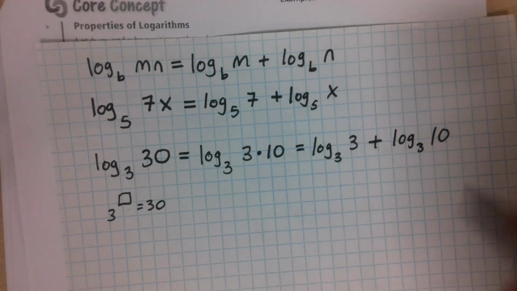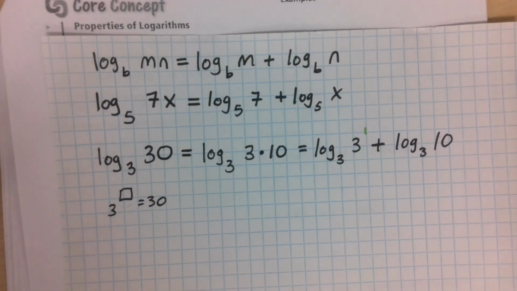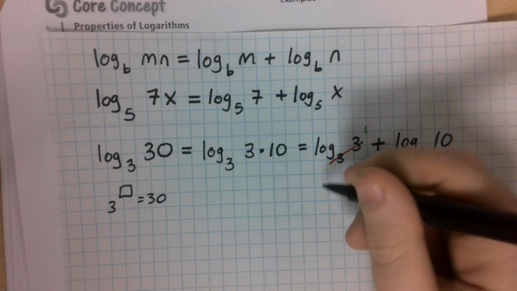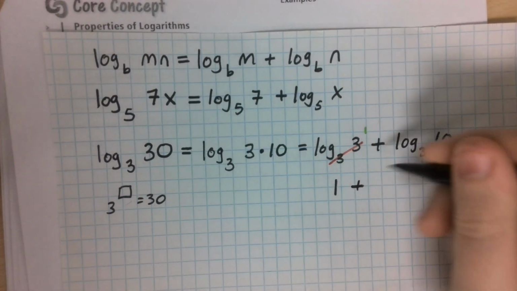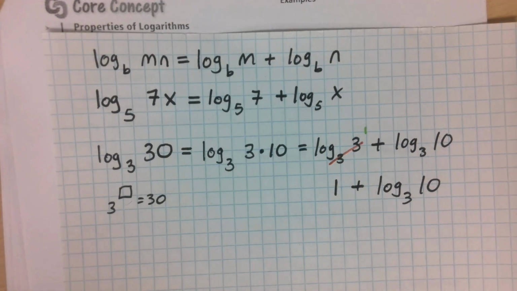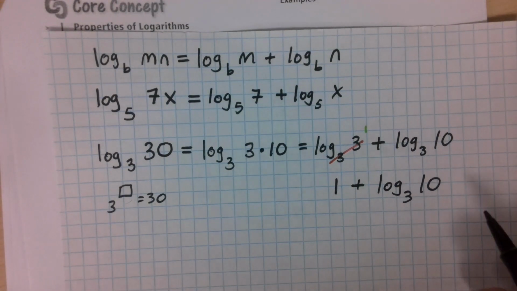All that would be left over is whatever power is on the 3. In this case, it's just 3 to the first. So that means we can actually cancel out these, and we'd just be left with 1 plus log base 3 of 10. Still, we would have to know log base 3 of 10, but it gets us a little bit closer to an answer we can actually use.